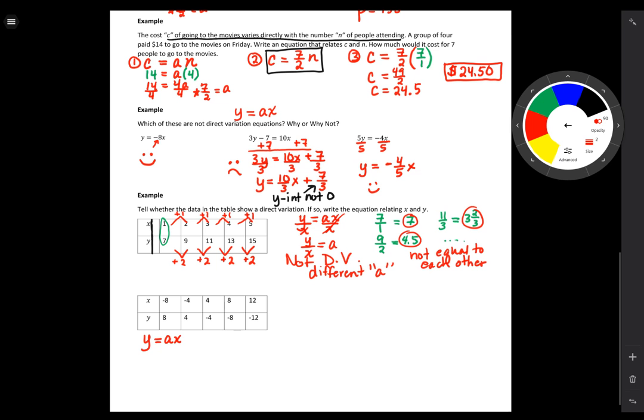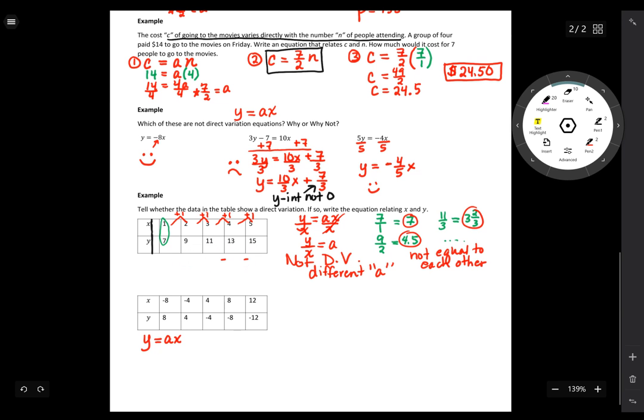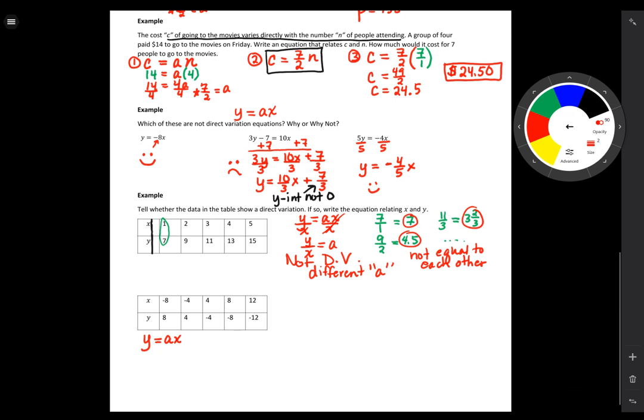I'll go back and erase it just so it's not bothering me. There. Okay. For this one, again, divide both sides by x. So you have y over x equals a.